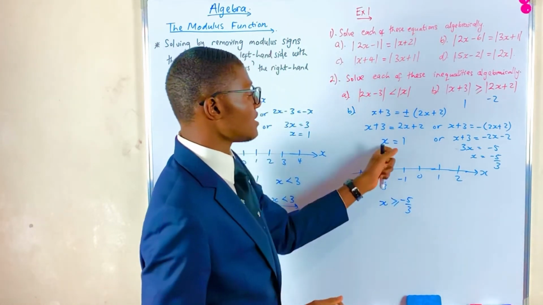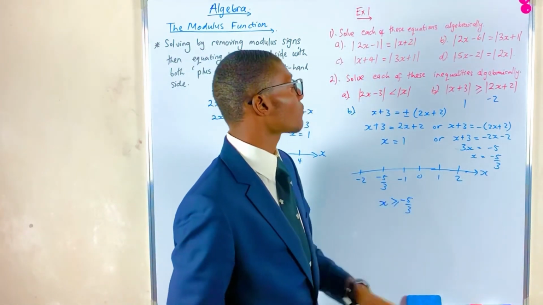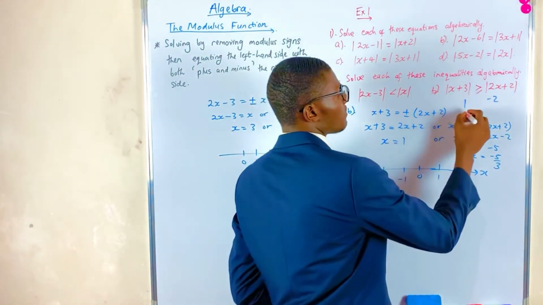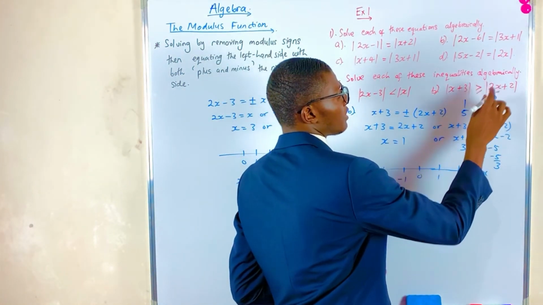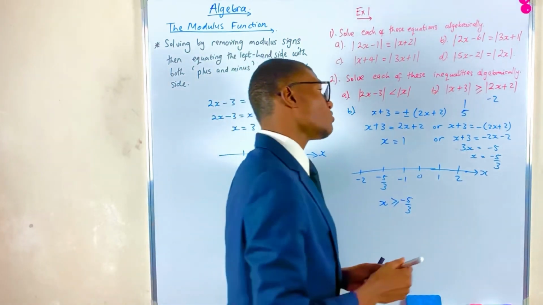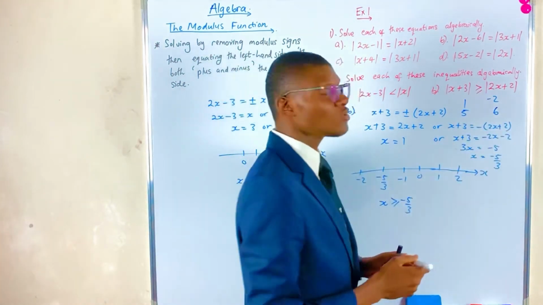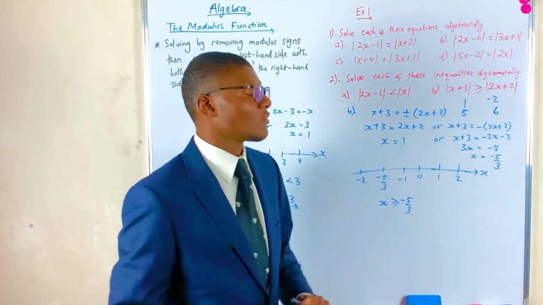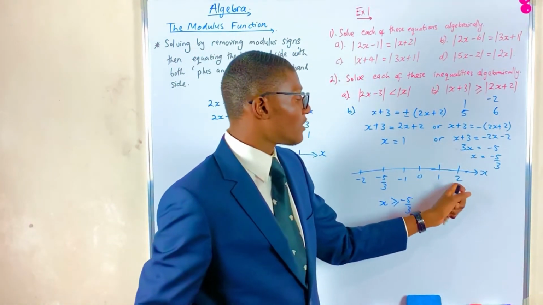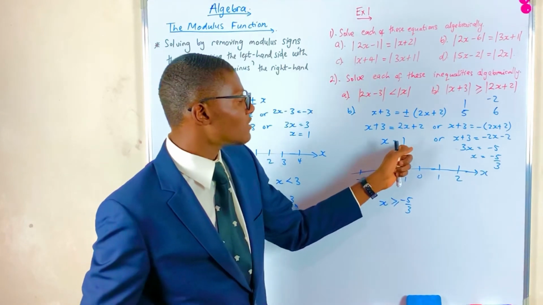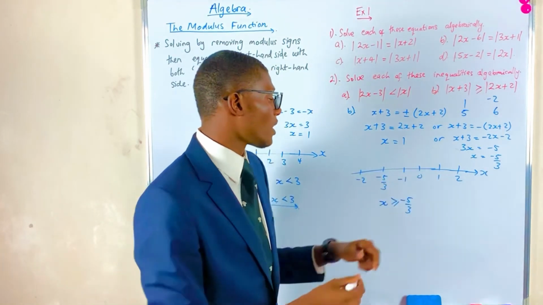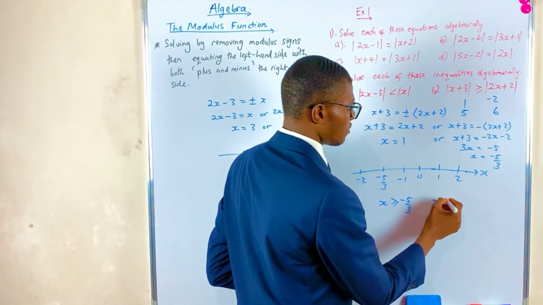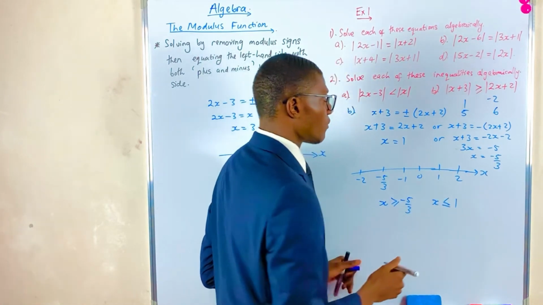And then for x equal to 1, if you pick 2, we're going to say 2 plus 3 is 5. And then 2 times 2 is 4, plus 2, that's 6. But now 5 can't be greater than or equal to 6. So we don't need the range for which x is greater than 1. So x needs to be less than or equal to 1.